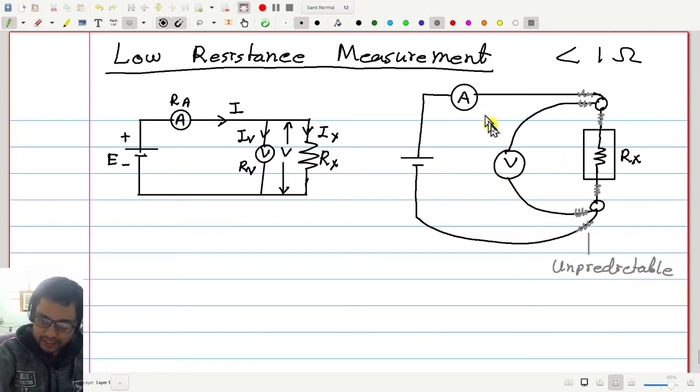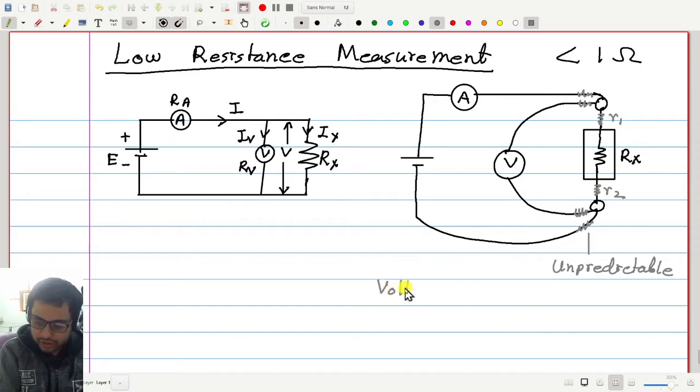When you measure the voltage and the current and divide voltage by current, you are actually measuring not Rx, rather Rx plus this resistance. So let me call these little r1, little r2.